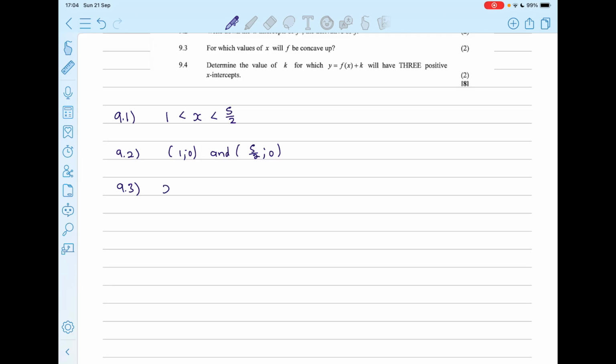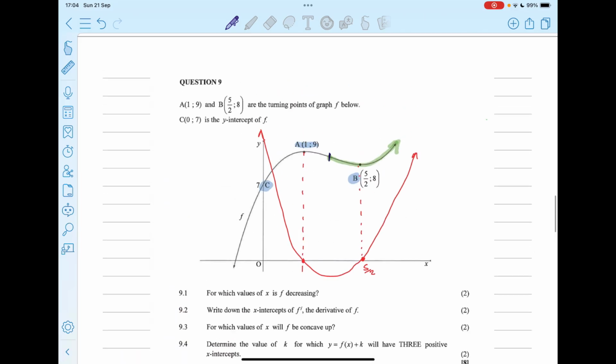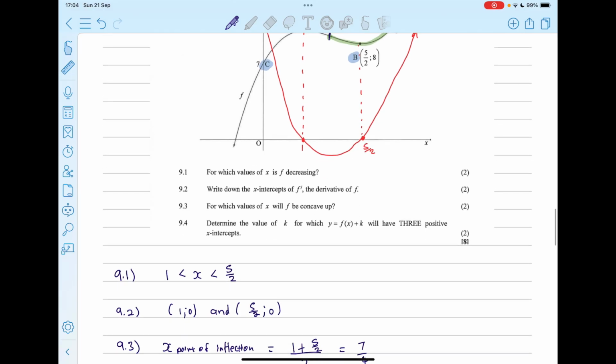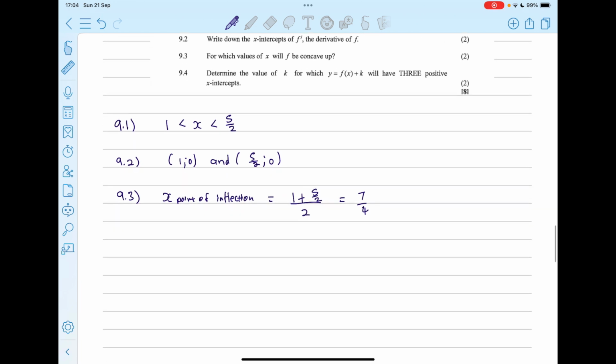So x at the point of inflection will be given by 1 plus 5 over 2, divided by 2. And this will give you an answer of 7 over 4. So we can put that on our graph. So this is 7 over 4. But we don't know what the y value is, and we don't need it unless specified.